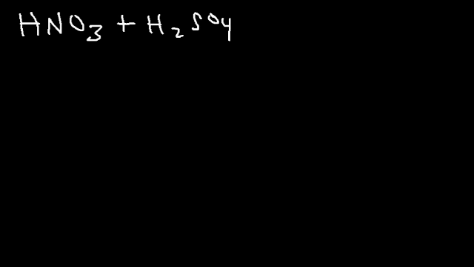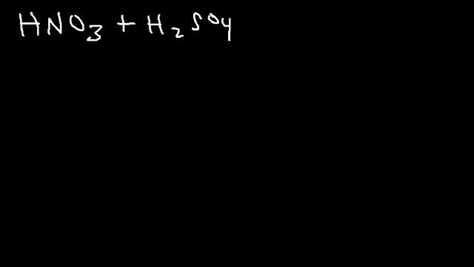So now that you know the generic reaction, let's talk about how to get the electrophiles for the other reactions. Let's go over the mechanism for the nitration of benzene. So we know that the first thing we need to do is combine nitric acid with sulfuric acid to generate the electrophile.